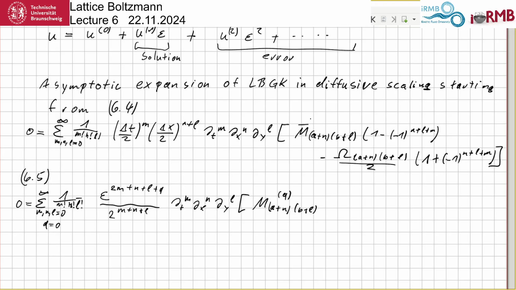So it's by the order q, 1 minus minus 1 to the power of n plus L plus m, minus omega, a plus n, b plus L, and we are also expanding omega in terms of q, this half, this is 1 plus minus 1 to the power of n plus L plus m.